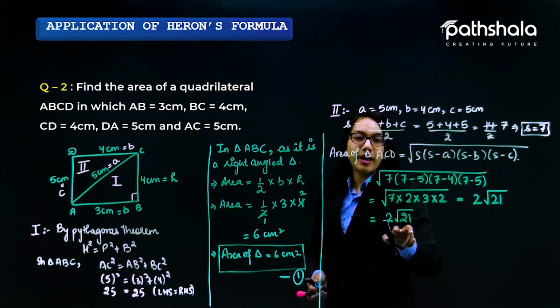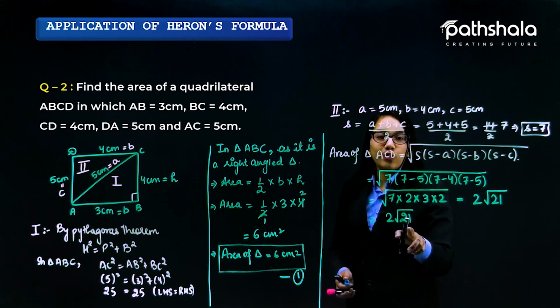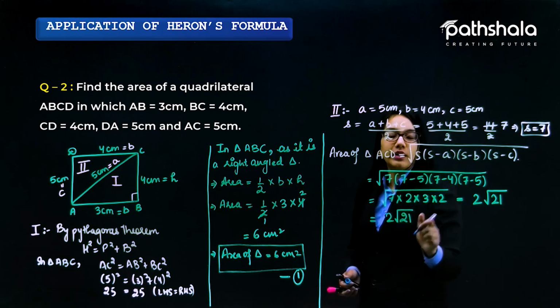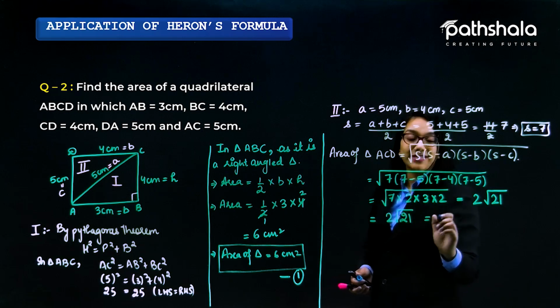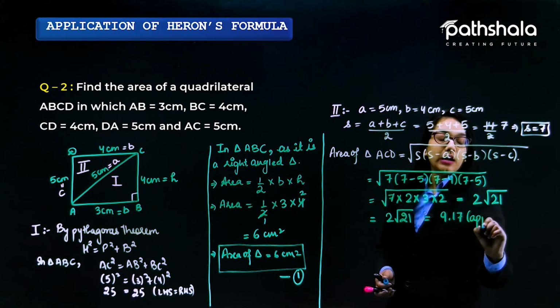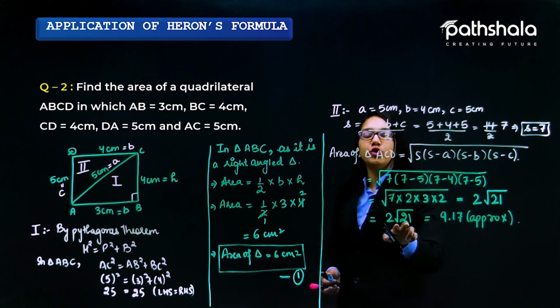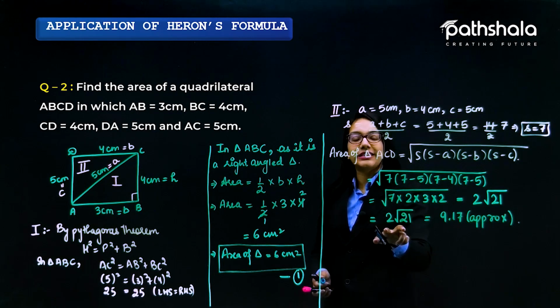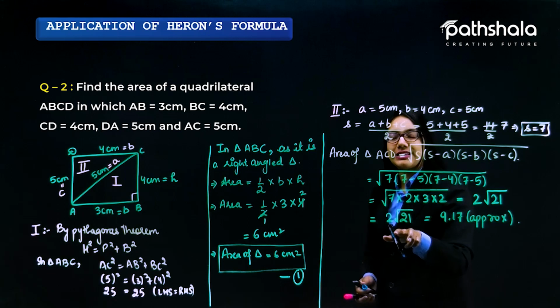You can also take the approximate value: the square root of 21 gives approximately 9.17. After substituting the value of root 21, or either you can take it as it is, that is 2 root 21. So this is the area for the second triangle.